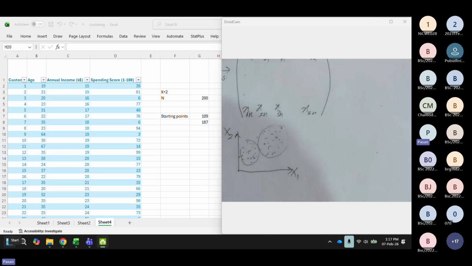We discussed that we can go with hierarchical clustering as well as non-hierarchical clustering. If you go with hierarchical clustering, that will give you some idea about how many clusters we can have.